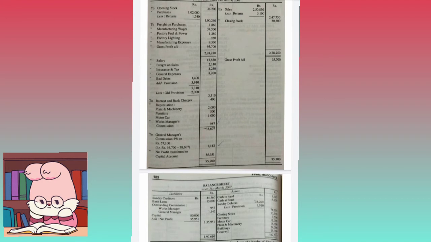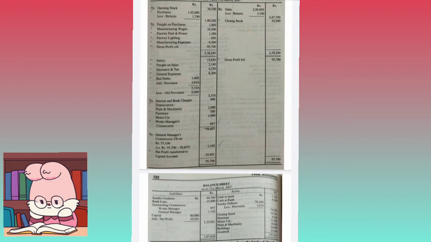What is the gross profit? Sales minus sales returns, 2,47,750, plus closing stock 3,500, total comes to 2,78,250, minus debit items: 34,200, that is opening stock, minus purchase returns 1,260, minus freight on purchases 1,860, minus manufacturing wages 34,500, minus fuel 1,280, minus factory lighting 950, minus 9,500 manufacturing expenses.